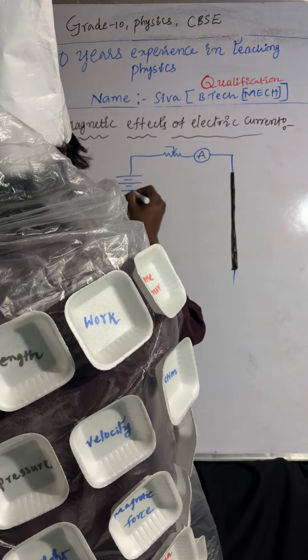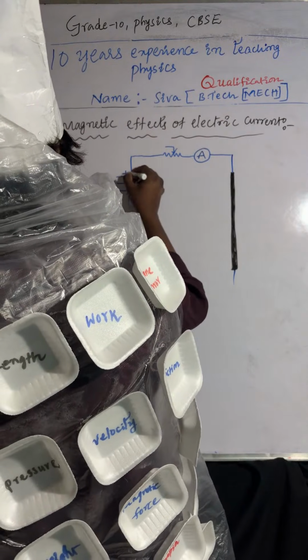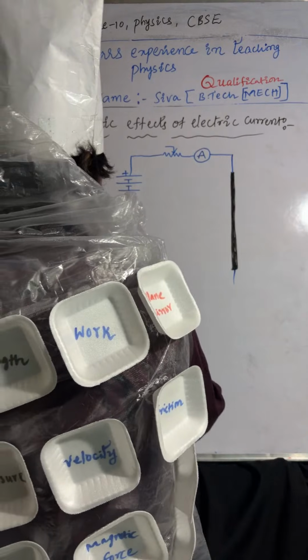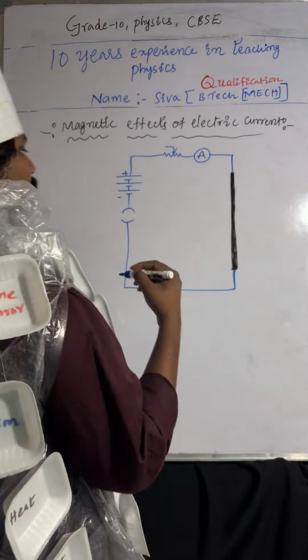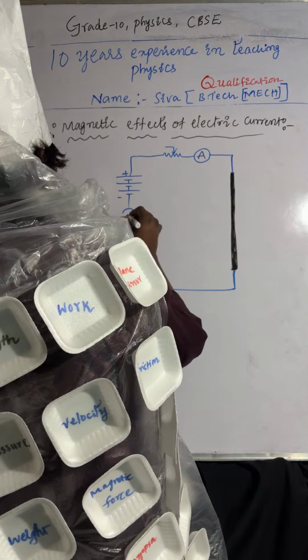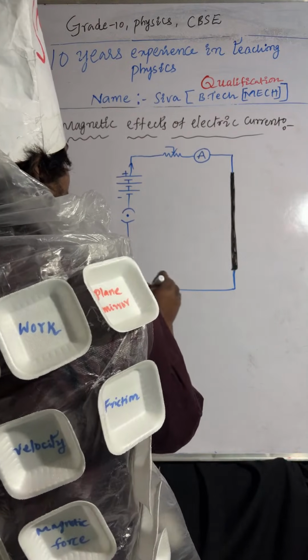This is the battery, with positive terminal, negative terminal, and a switch. Current is passing. So this is the long straight copper conductor, and current is passing like this.